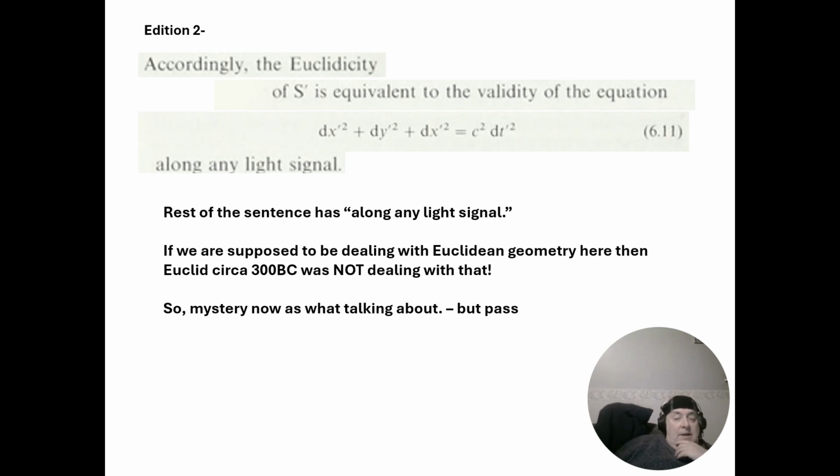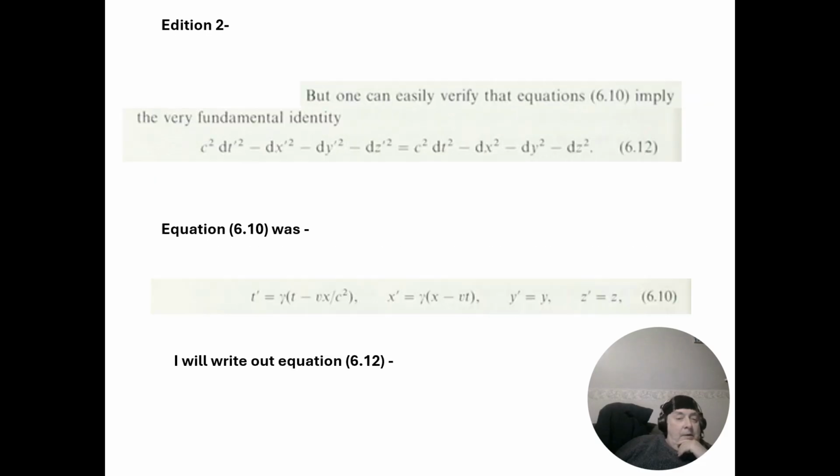So it's making things a bit confusing by trying to make out it's Euclidean geometry. So it's a bit of a mystery here as to what was really being talked about, but we're going to pass on that. He doesn't explain things properly, and I complain a lot, these relativity books don't explain themselves properly.